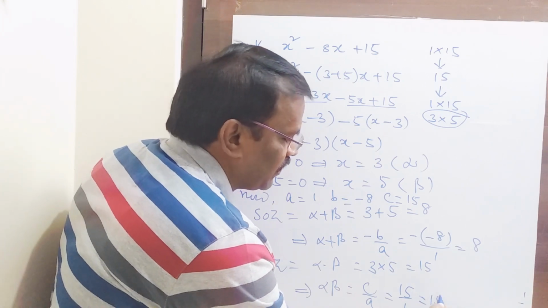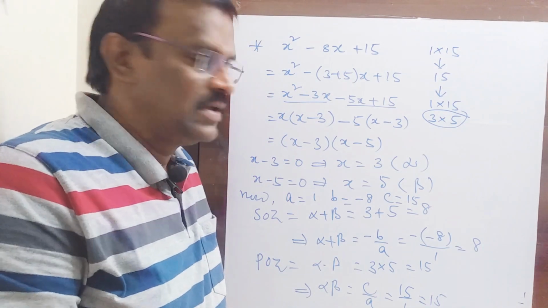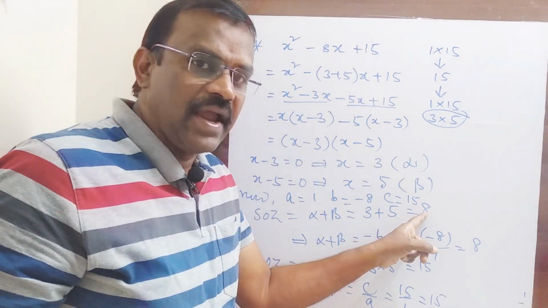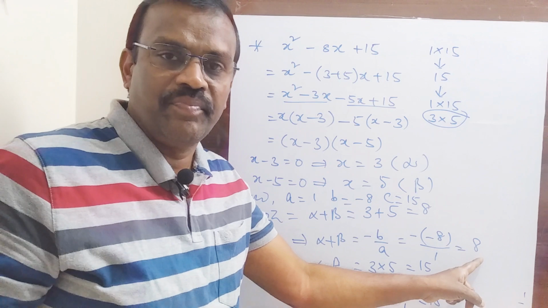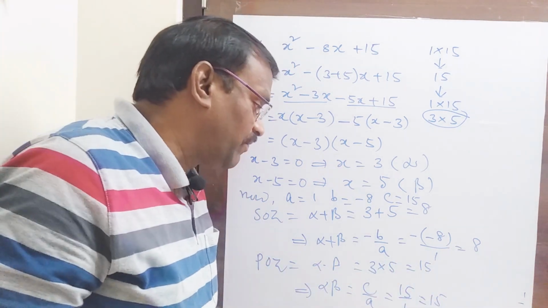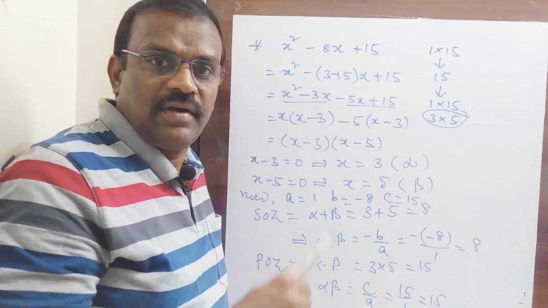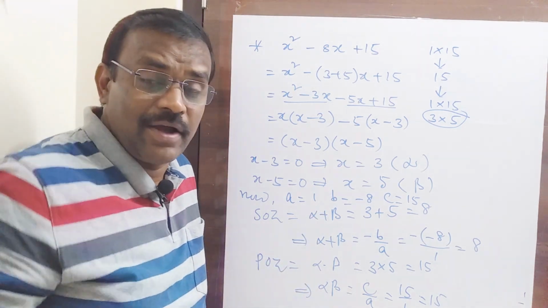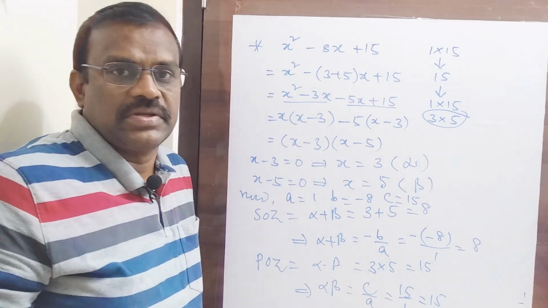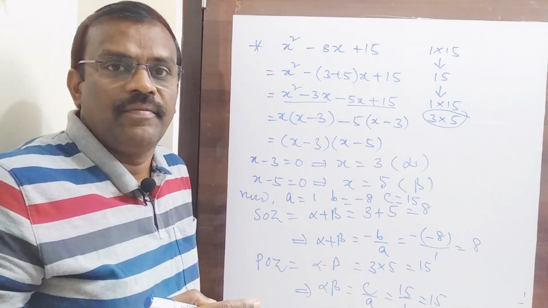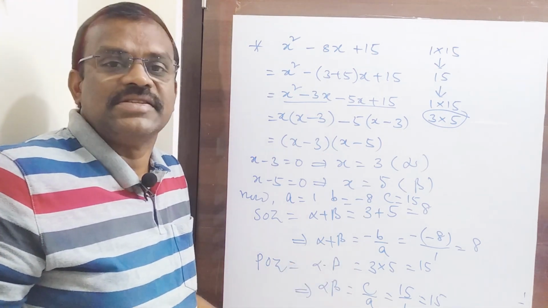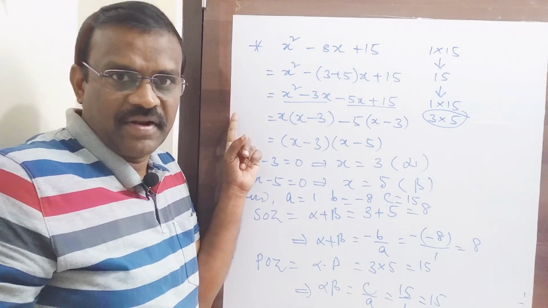We find 15. So here, manually the sum of zeros, alpha plus beta, is 8. Using the formula you got the same. Like that, the product of zeros, manually we got 15. Using the formula, 15. By this what can we conclude? The sum of zeros and product of zeros of a given quadratic polynomial we can find using the formulas minus b by a and c by a without factorization.